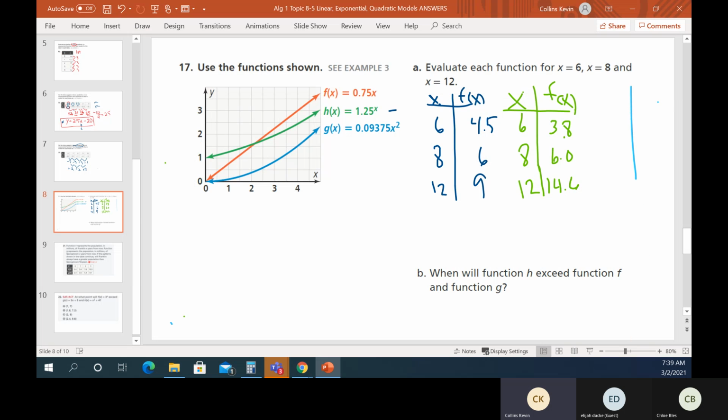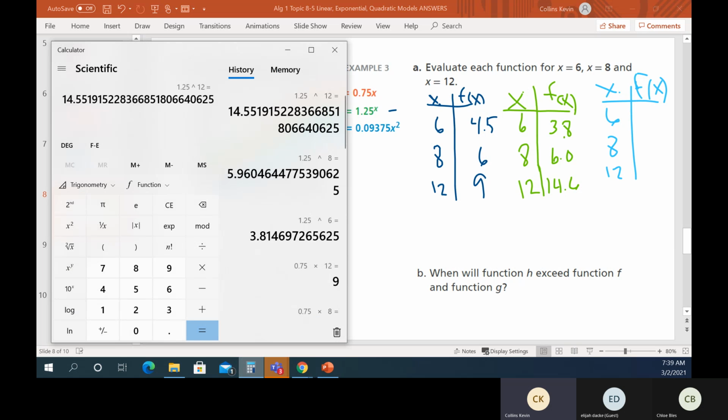All right, so let's look at the last guy then. So again, same deal. We've got x and f of x. We're going to do the 6, the 8, and the 12 again. All right, so we'll break out our calculator. So clear it out.